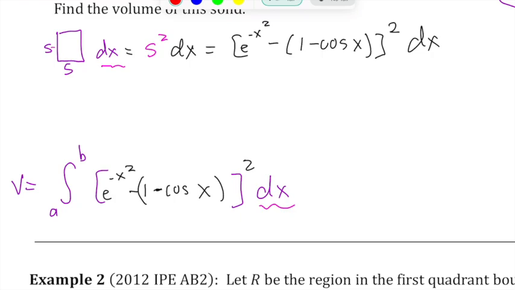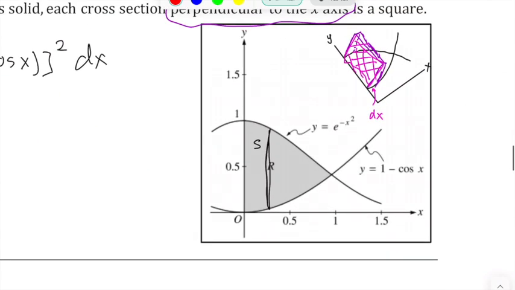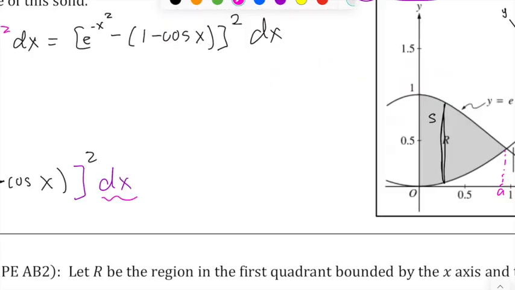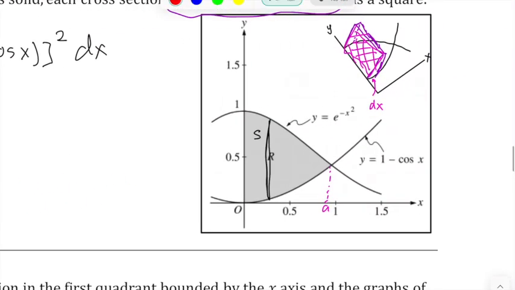From here, all we need to find is our limits of integration. So we're starting from here and going here. And so it looks like this is from 0 to 1 or close to 1. I don't know if that's actually equal to 1. So let's figure out what that is. Okay, so how do we determine this? Again, this will be done in the calculator.